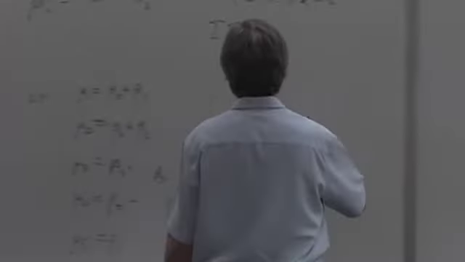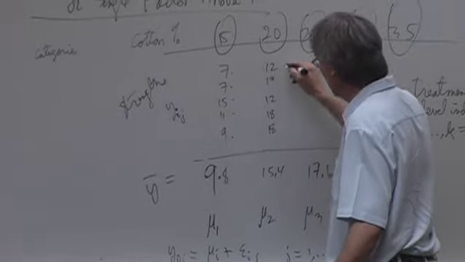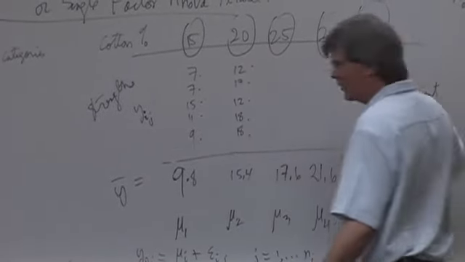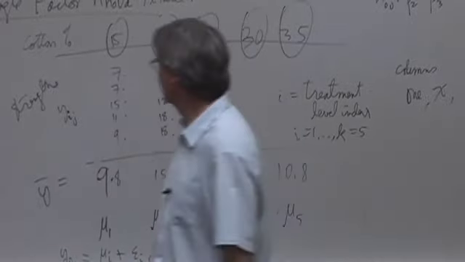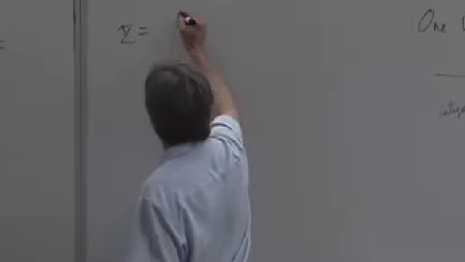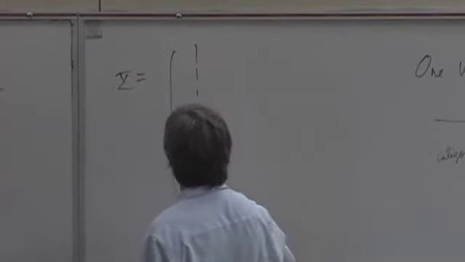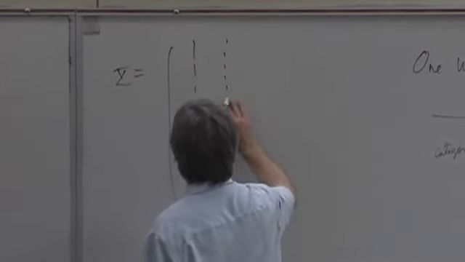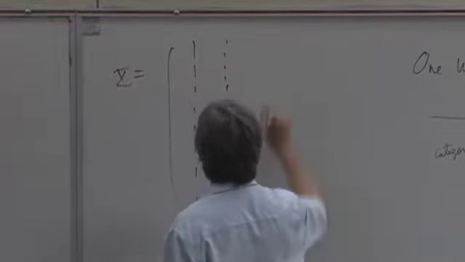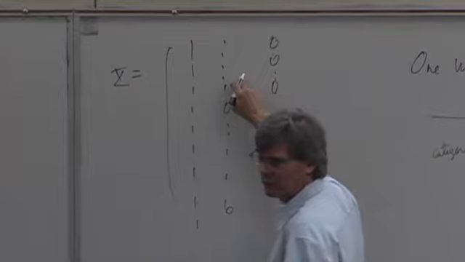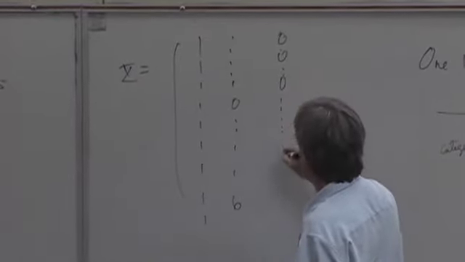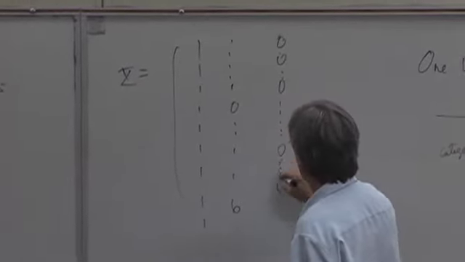So in that case, if I counted these y's down from the top, 7, 7, 15, 11, 9, 12, 17, 12, 18, 18, and so on, all the way down through all 25 of them, in terms of your column of y's, then your X matrix would look like 1s, and then 1, 1, 1, 1, 1, 5 of them, and then zeros. So you start with 1s in the first rows, and then zeros the rest of the way.